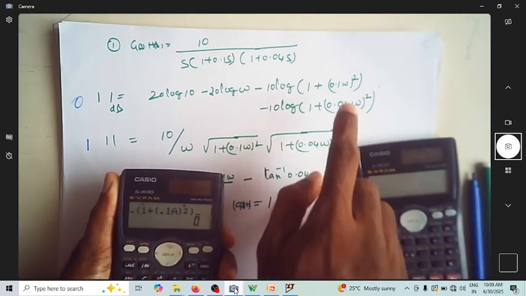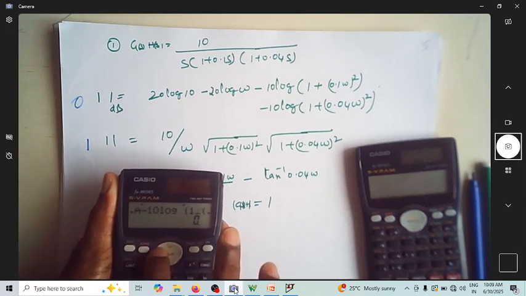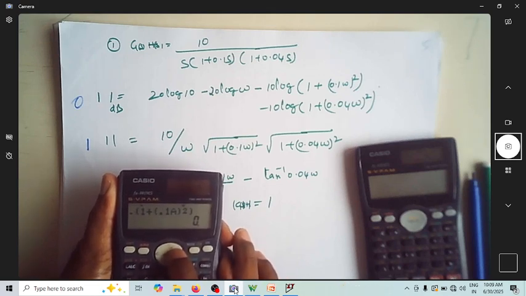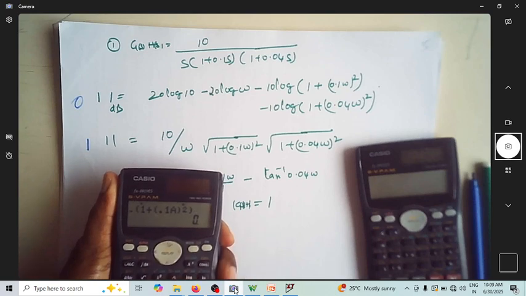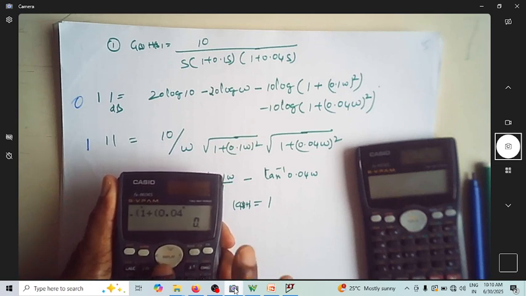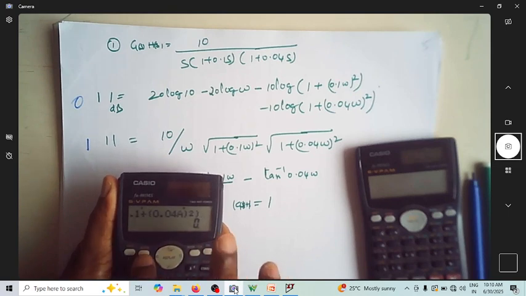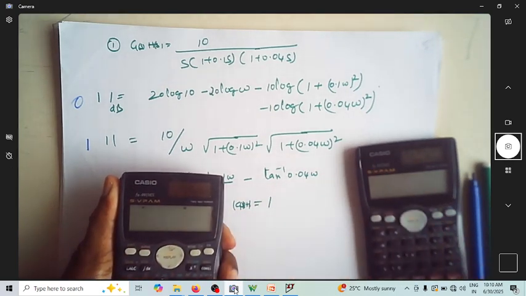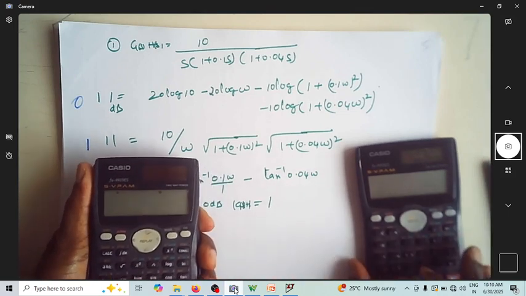I did exactly the same thing; you can just go back and see here. It is 10 log, open the parenthesis, 1 plus 0.1 omega, omega is alpha a, square, minus 10 log, open the parenthesis, 1 plus, open the parenthesis, 0.04 alpha a, close, square, close. Now let me do shift calculate, it will give me the omega GC value.